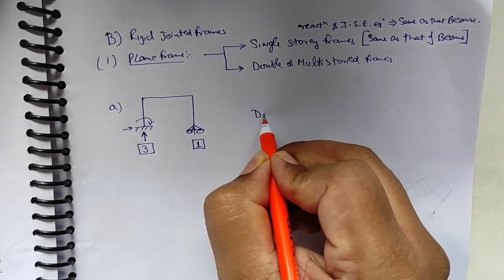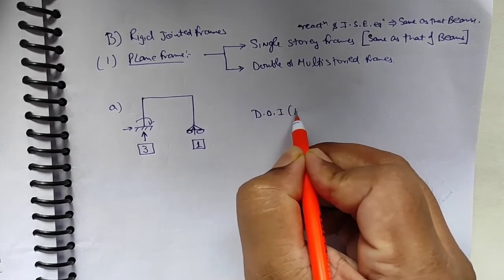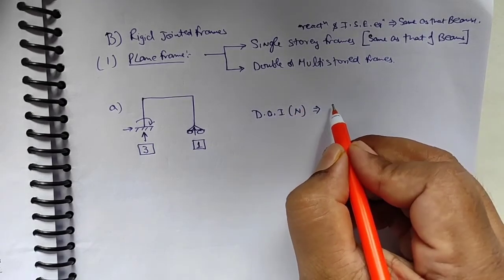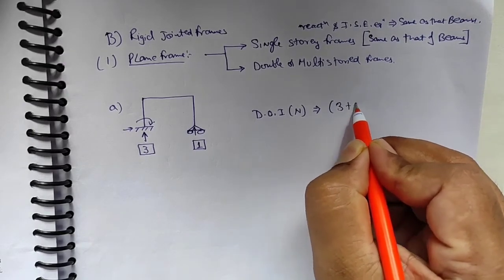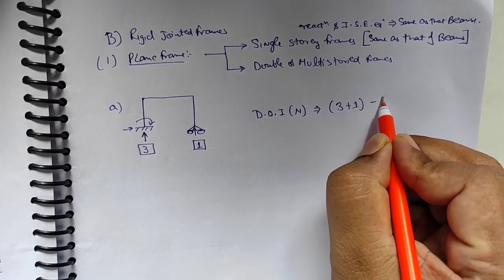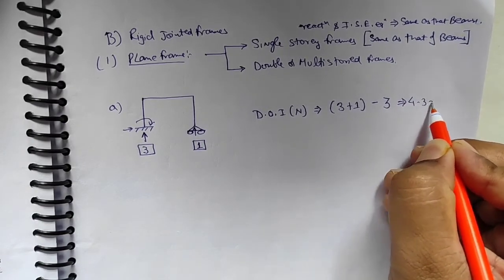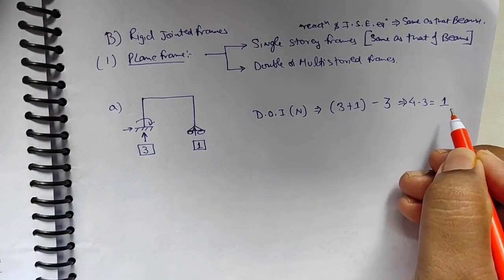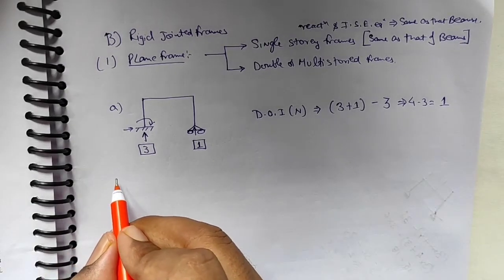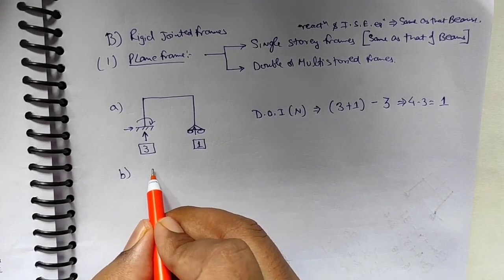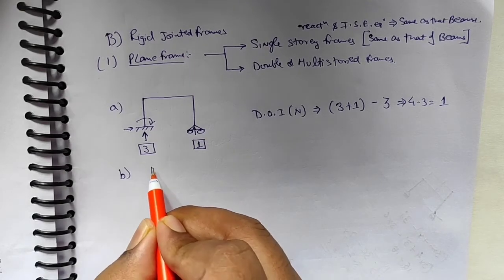Hence my degree of indeterminacy, which I denote by n, will be 3 plus 1 minus 3 equilibrium equations, that is 4 minus 3, which will be equal to 1. So this is as simple as that of the beam. No further considerations have to be made.